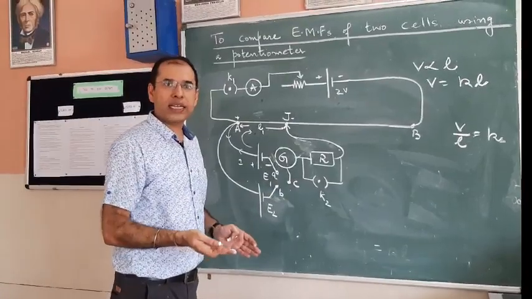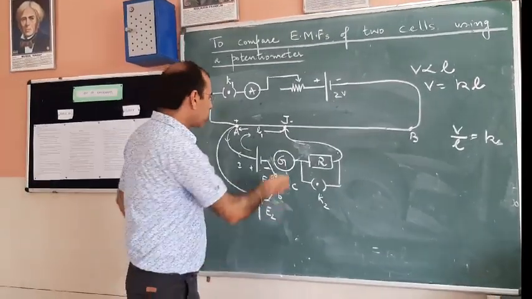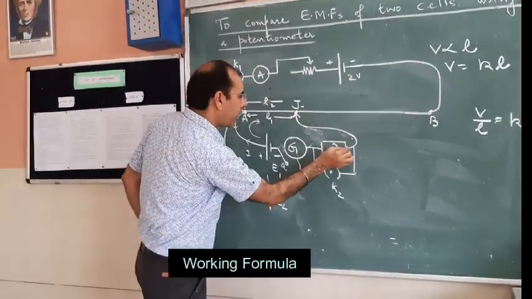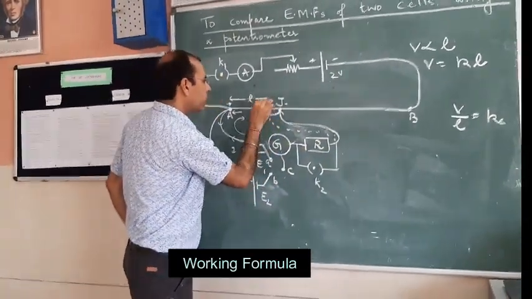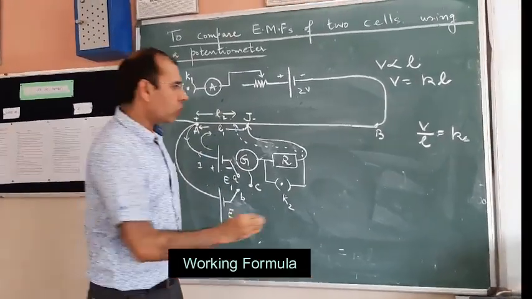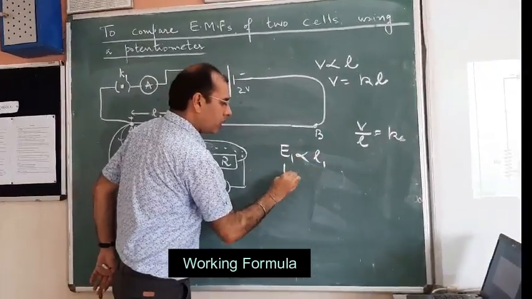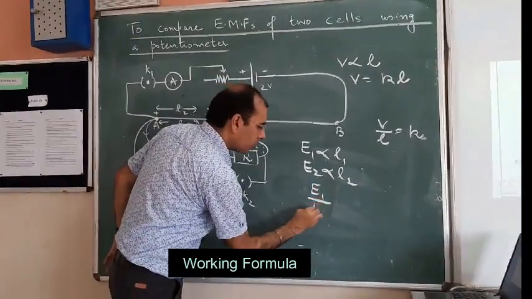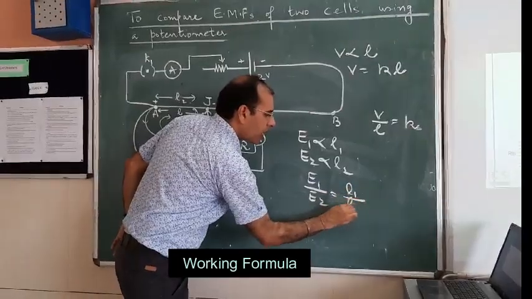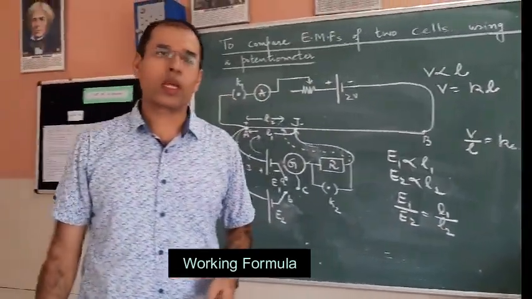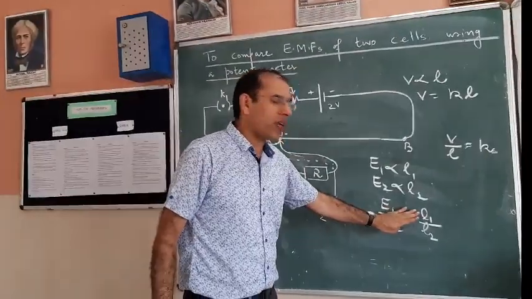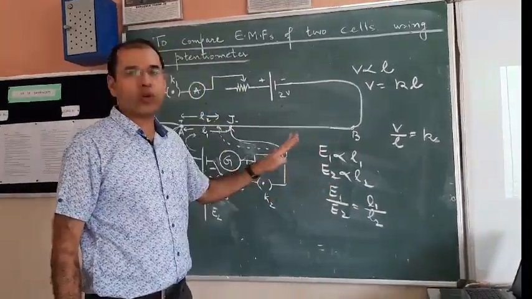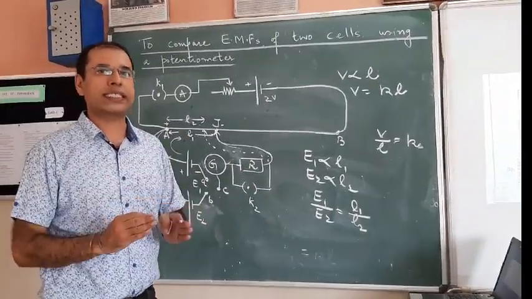Since it is a Daniell cell, its potential difference is lesser, so its null point will be different, at L2. So, E1 is proportional to L1, E2 is proportional to L2. So, E1 by E2 is equal to L1 by L2. If we are able to measure L1 and L2, we can find E1 by E2. That was our aim, to compare the EMFs of two cells.